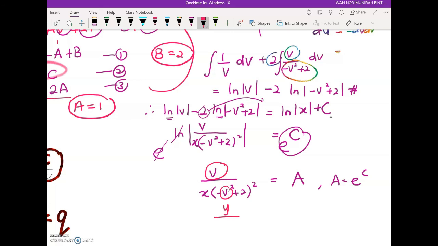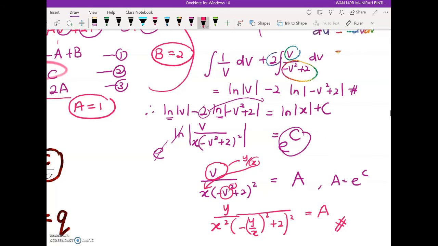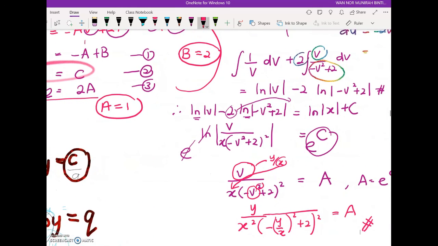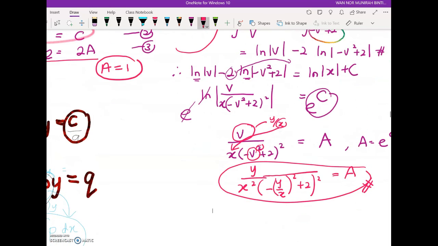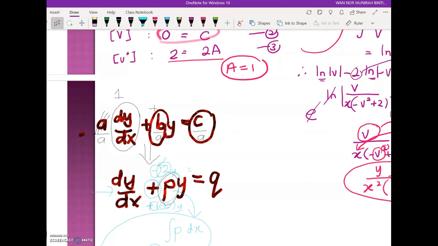So we have y over x, because v is y over x, so bring x here, so you have negative y over x squared, don't forget the square here, plus 2, and then you have squared over, and then you have A. So this is your general solution. I hope that my calculation here is okay, without any mistake, so that we have this kind of solution. So that is the end of the homogeneous equation.